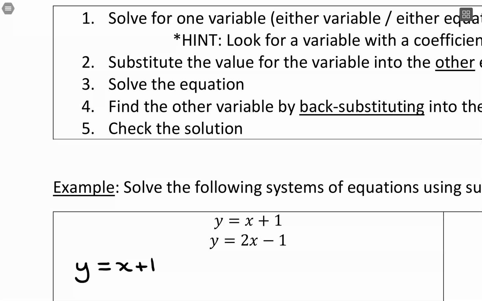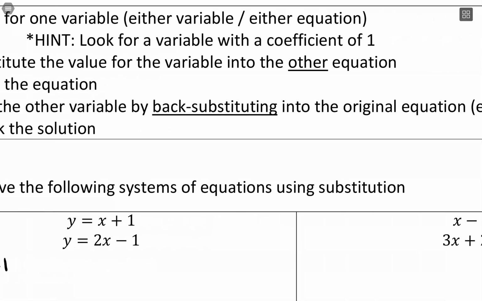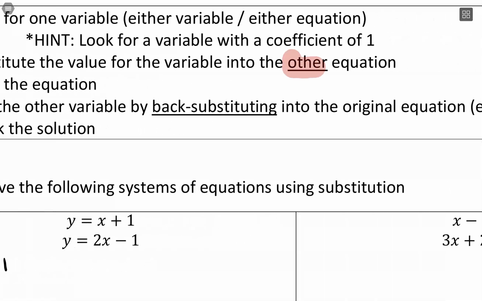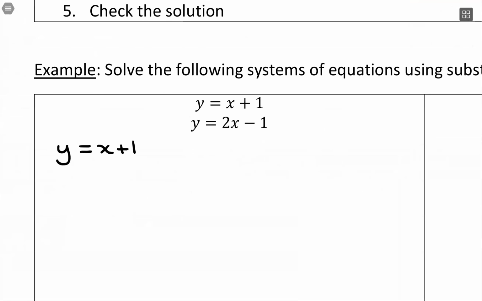Step 2: substitute the value for the variable into the other equation. This is really important, because if you substitute into the same equation, you're going to end up with a true statement, which makes it look like you have infinitely many solutions when you don't. I chose from this top equation, and what I found is that y can be replaced by the expression x plus 1.